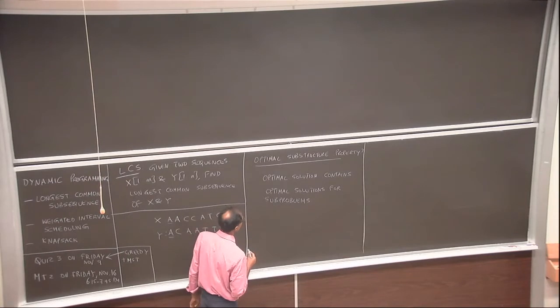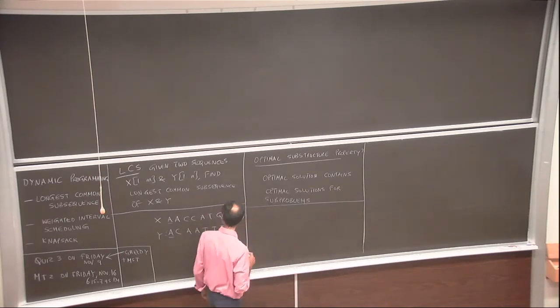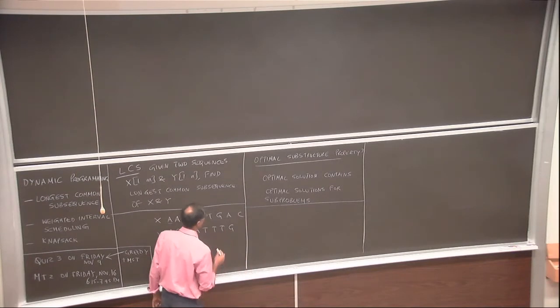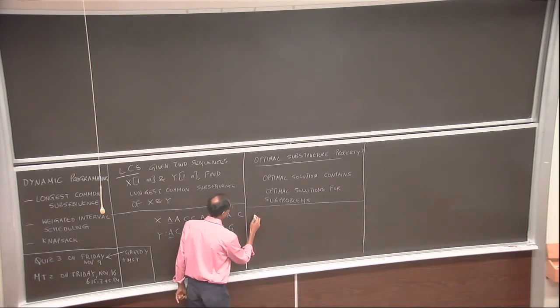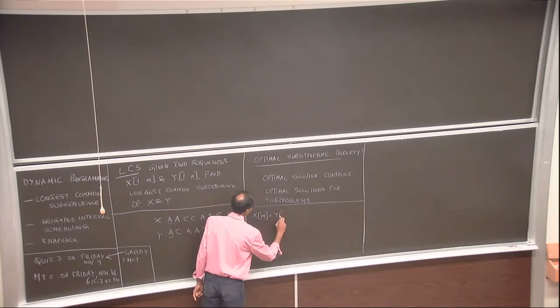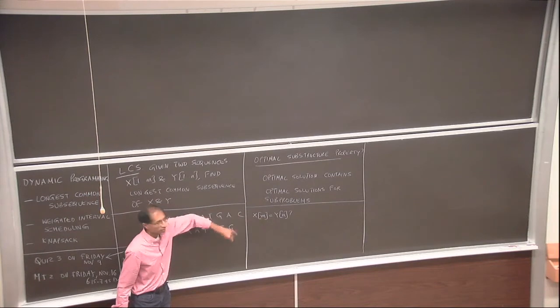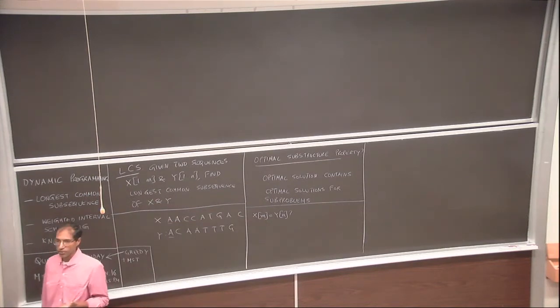Okay. So let's try to see. I'm going to do a check. Let's check to see whether xm is the same as yn. Okay? So look at the last two characters and see whether they are the same.